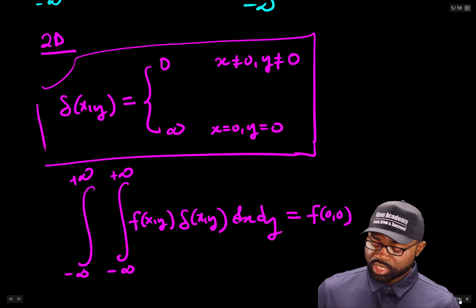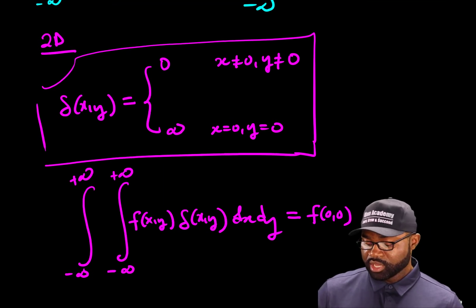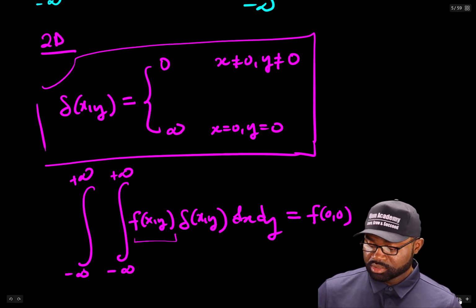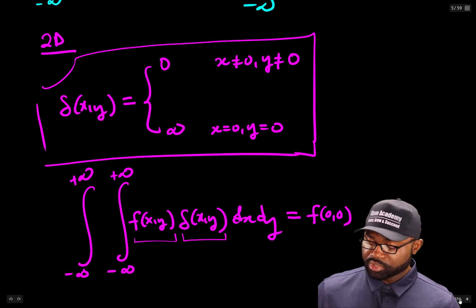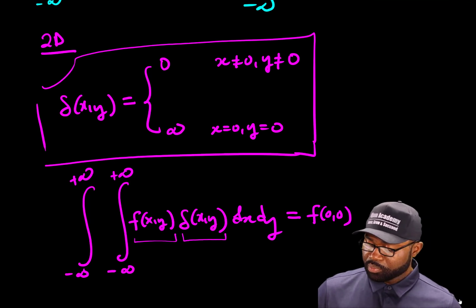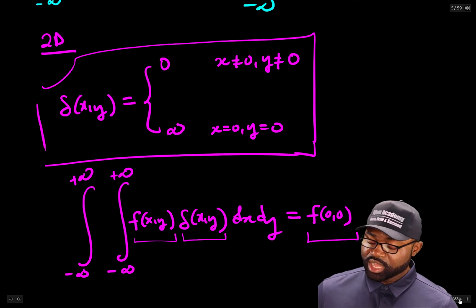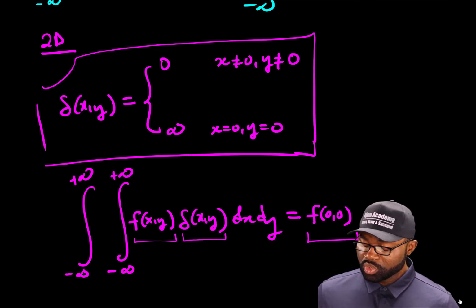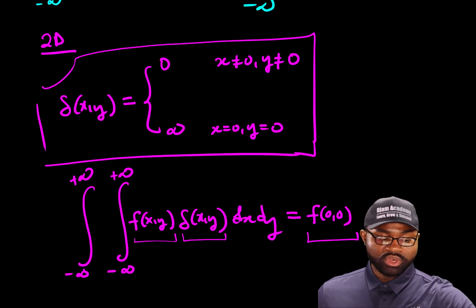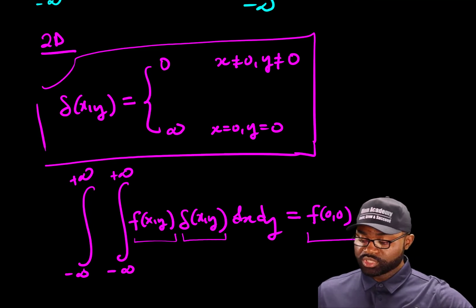In other words, if we multiply any signal by the Dirac delta function, or the point impulse function, and integrate across all points in space, we will pick up the value of that signal at the origin.